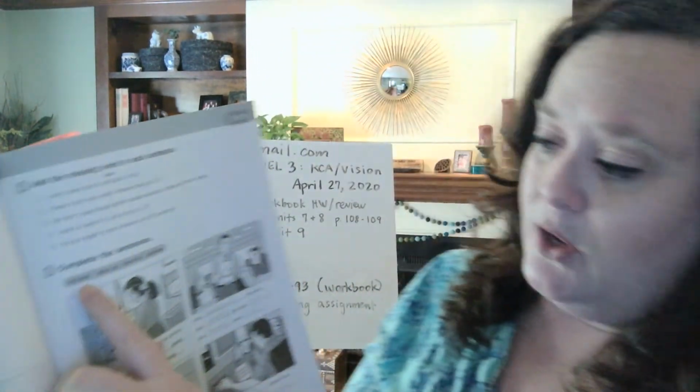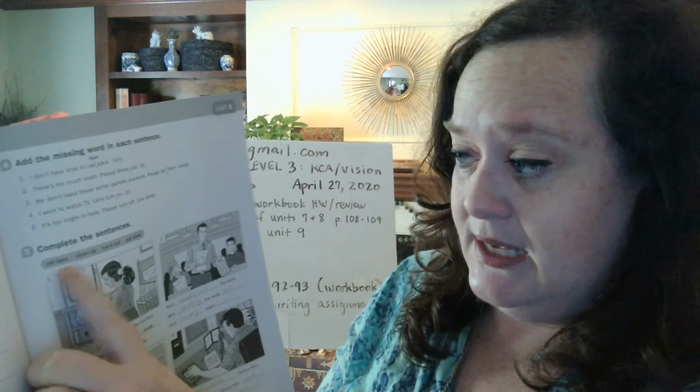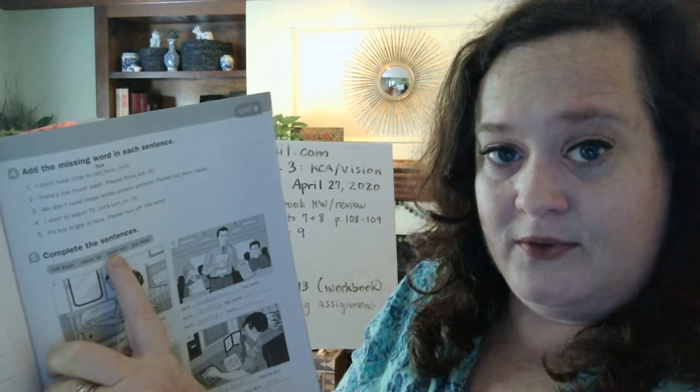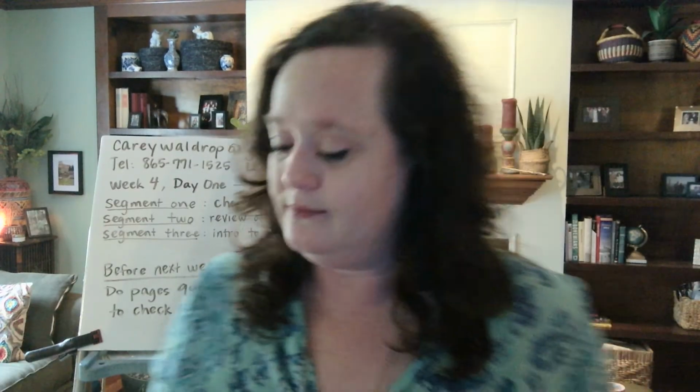Moving on to exercise 5 below. We have some pictures here, and we need to have 3 answers below each picture, 3 fill-in-the-blank sentences. So we have call back, clean up, hand out, and put away.